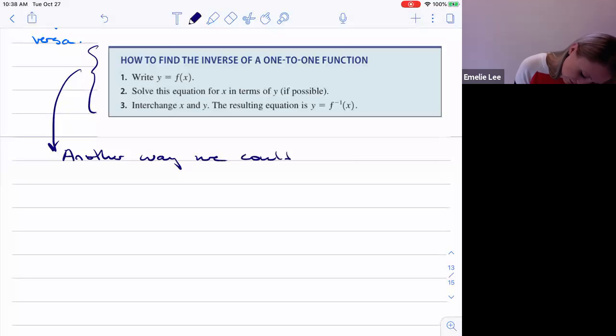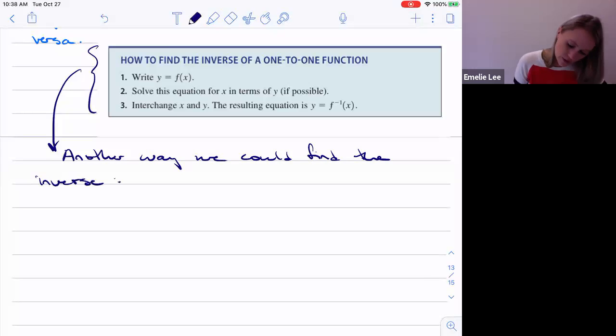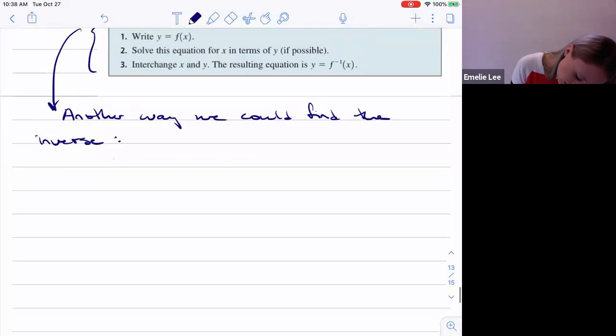Another way that we could find the inverse is just doing this in a slightly different order, where I start with interchanging x and y, right? So you write y equals f of x.